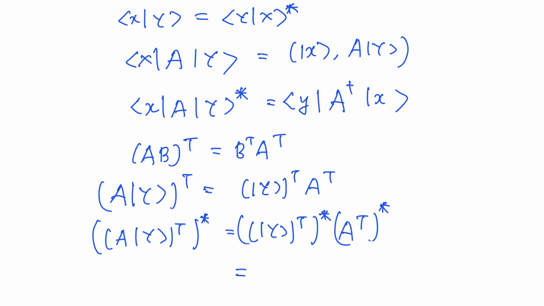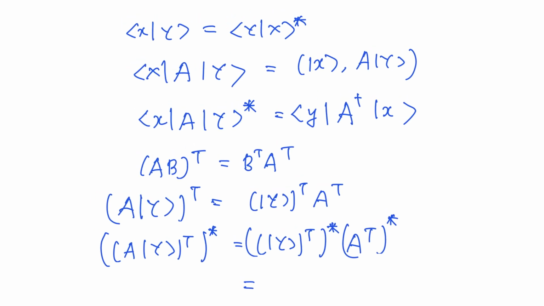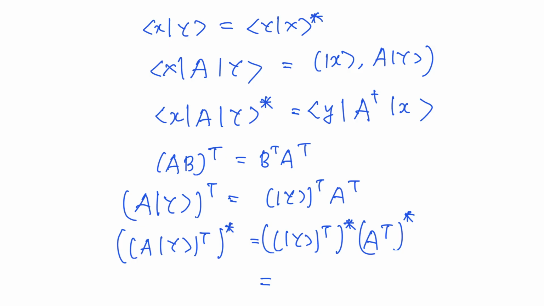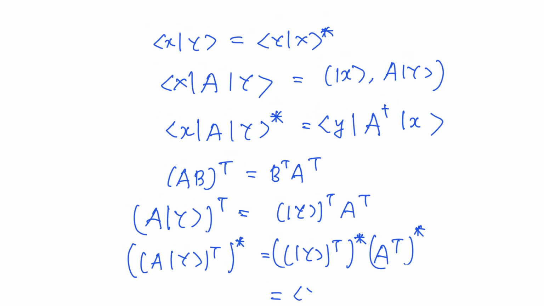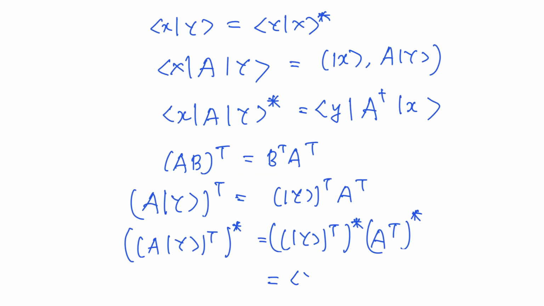So this is y, A, there you go. Therefore, we have (x, Ay) conjugate is the same as (y, A dagger x).